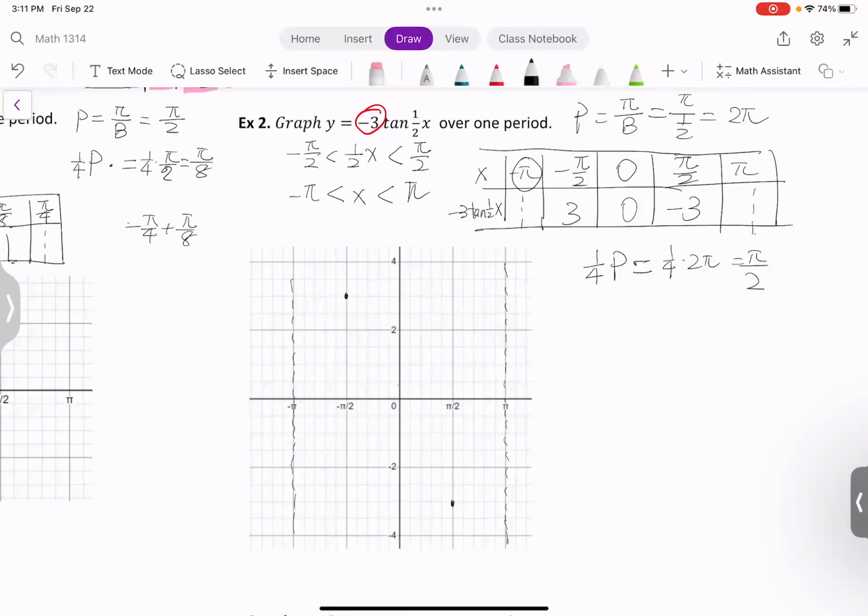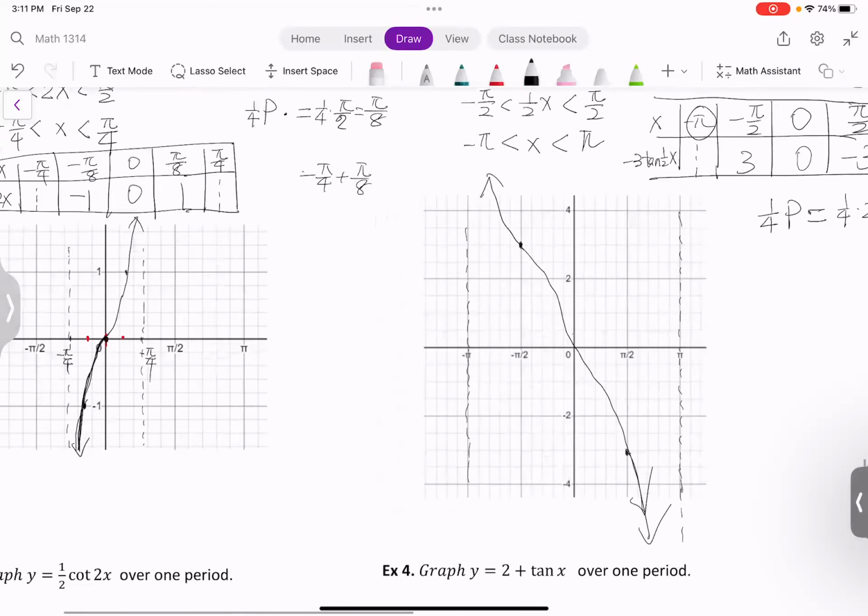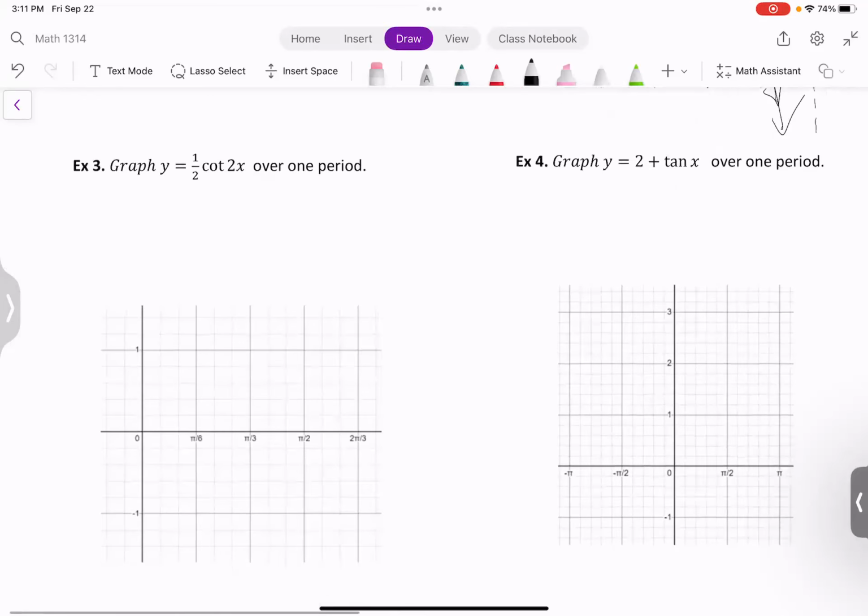Even with the transformation, we cannot change the shape of the function's graph. So assume this is the beautiful tangent graph getting close to the vertical asymptotes. So we graphed them.